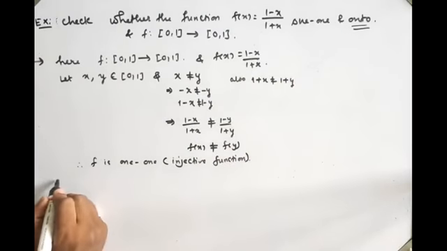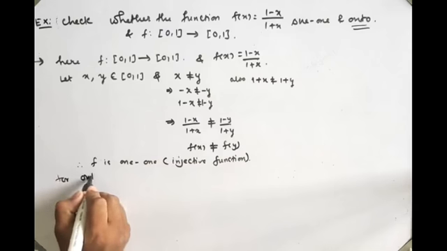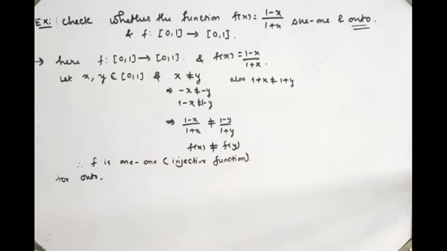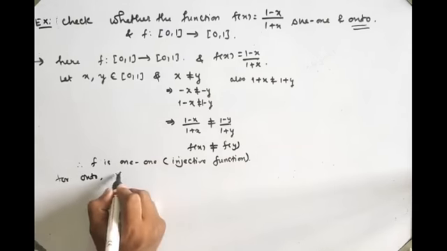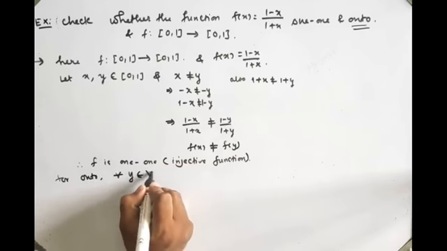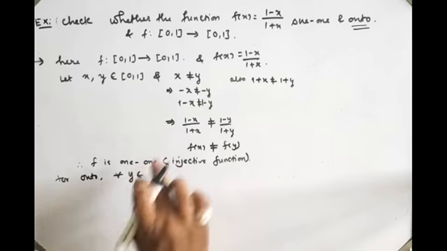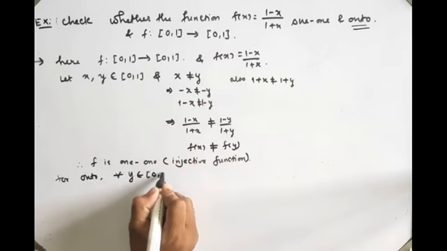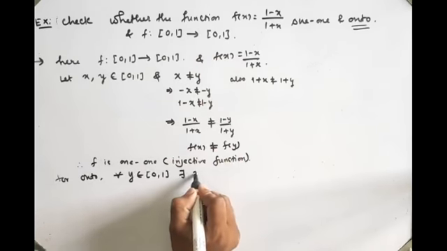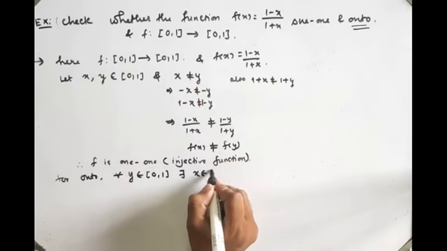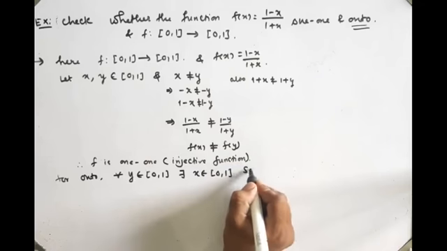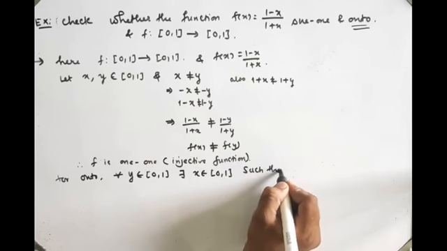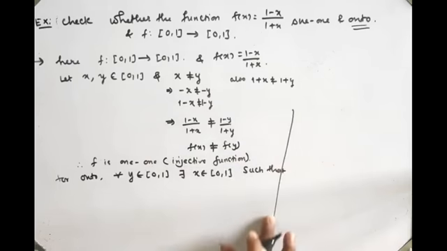So for onto, what is the definition of onto? For all y belonging to the codomain, there exists x belonging to the domain 0 to 1 such that y is equal to f of x.